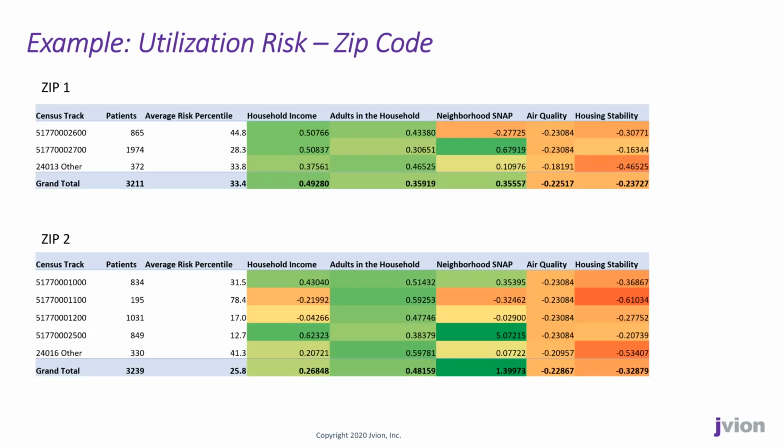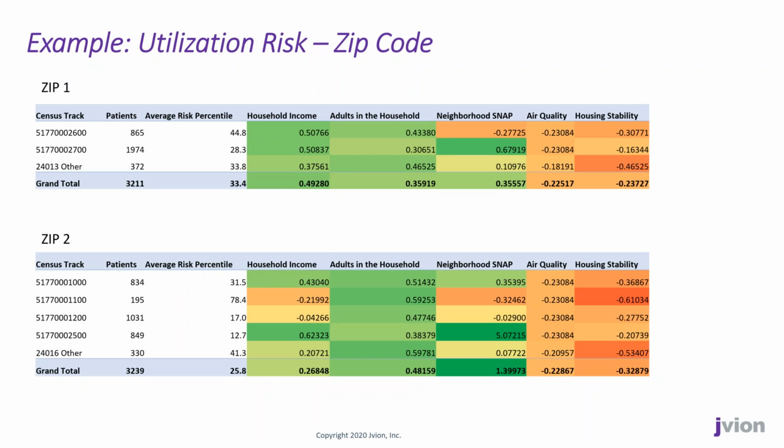So these are actual real zip codes that we've analyzed. And you can see that, in zip code 1, household income seems to be pretty straightforward across all of the census tracts, but the actual use of food stamps is a risk factor in the 2600 census tract. If you dig down to zip code 2, you'll see that the census tracts really don't look like the zip code that much.